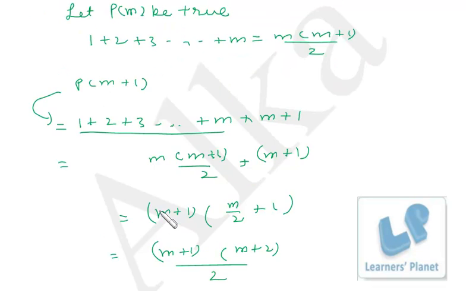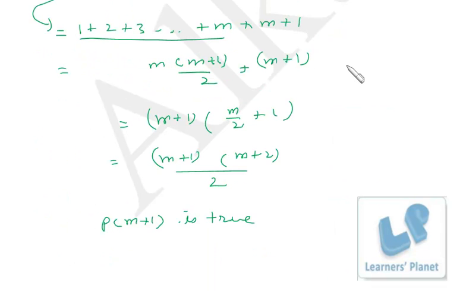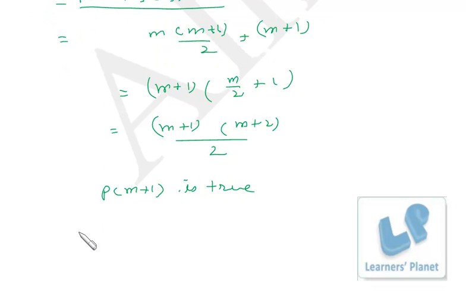How is Pm plus 1 true? If in this equation you put n equal to m plus 1, you will be getting this, (m plus 1) into (m plus 2) by 2. So what you have to write: Pm plus 1 is true. That means Pm is true and Pm plus 1 is true.